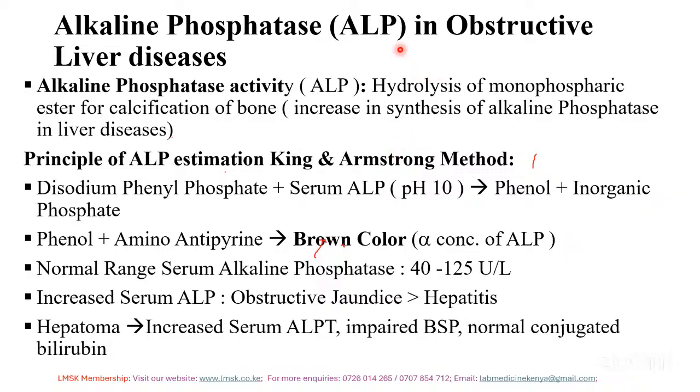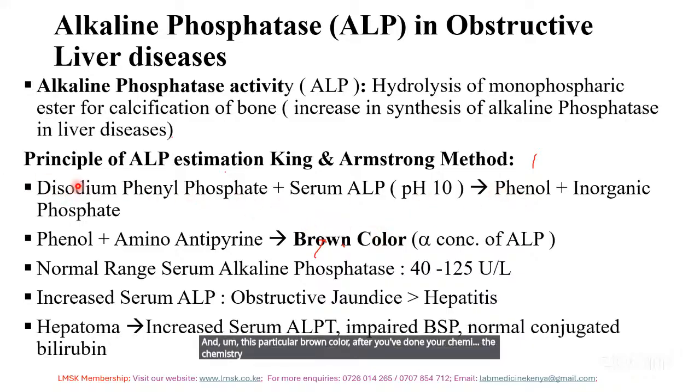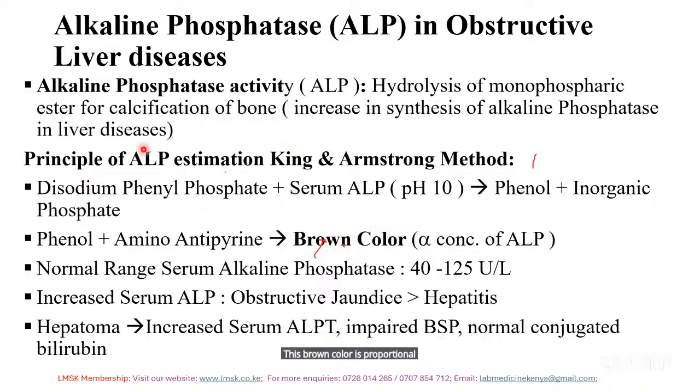Now, this is the principle of ALP analysis, and this particular brown color, after you've done the chemistry during your reagent mixing, is proportional to the ALP concentration in the system.